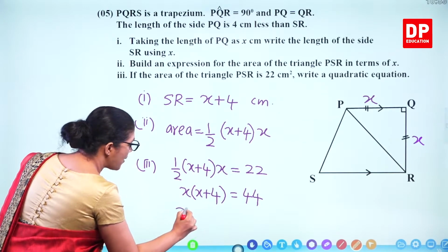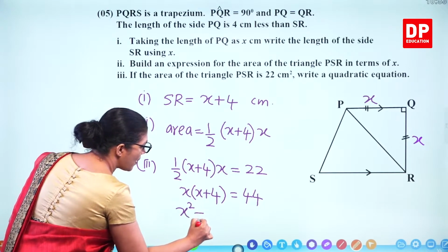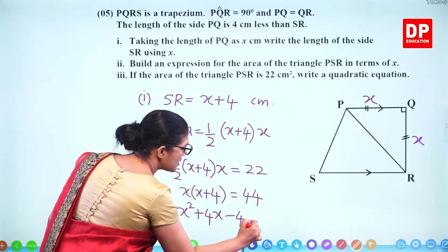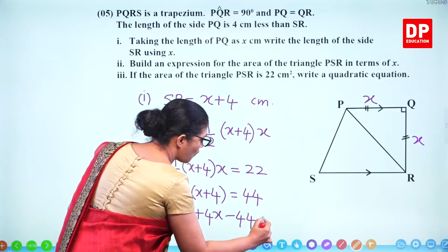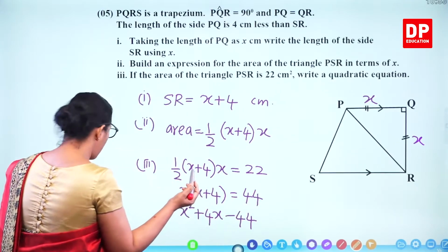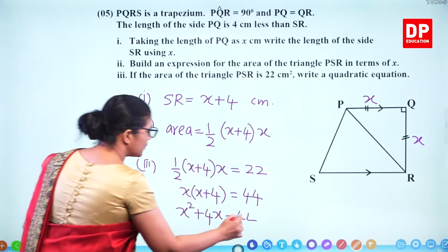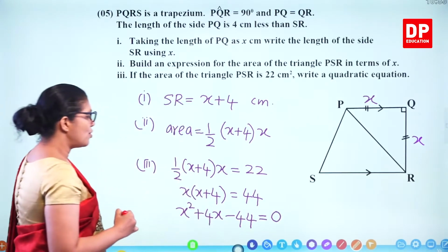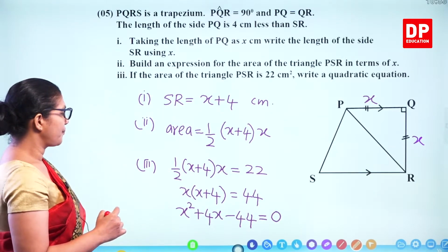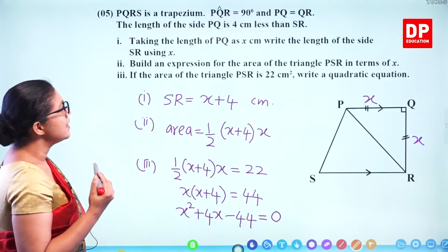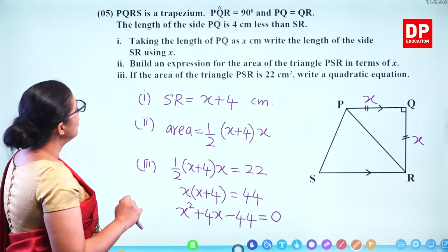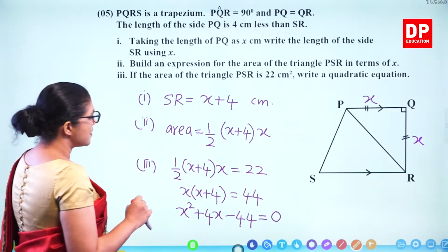Now expand the brackets: X squared plus 4x. Take 44 to this side: minus 44, equal to 0. So this is a quadratic equation. So we created a quadratic equation. We'll give marks for these steps.